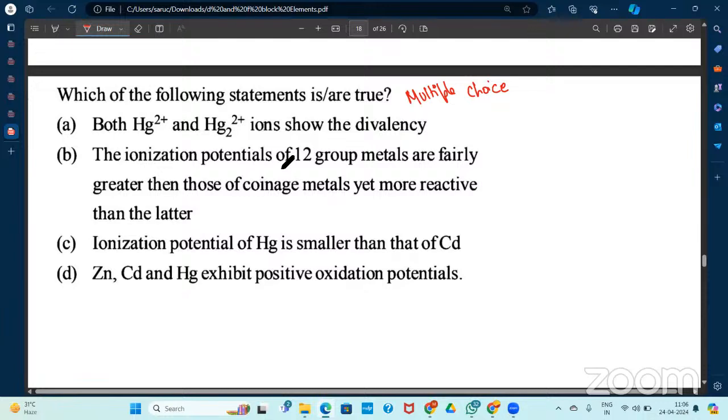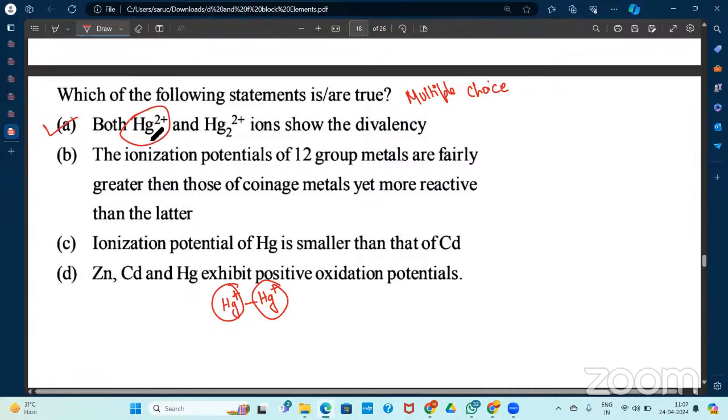So we'll check the answer. Both Hg2+ and Hg2 2+ ion show divalency. Is it true? Both show divalency. So I have Hg2 2+, right? So it will be Hg+ bonded to Hg+. It shows divalency and Hg2+ also shows divalency. So option A is right.